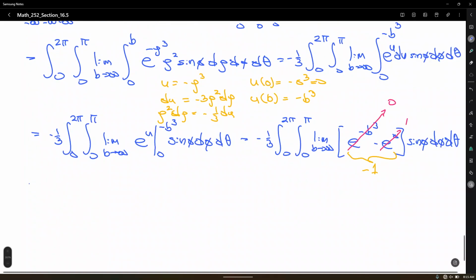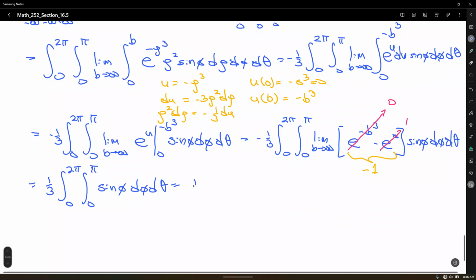All right, so let's see. That is 1/3 integral from 0 to 2 pi, integral from 0 to pi, and that's the integral of sine phi d phi d theta. And we're almost there for this one.